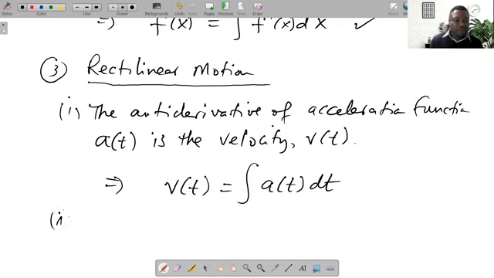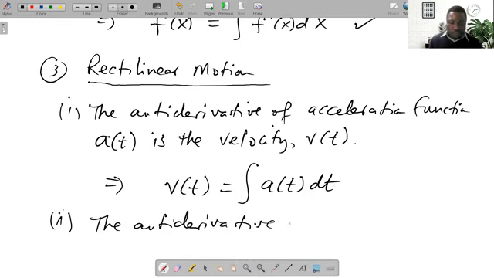Are we good? Yes. Yep. The antiderivative of the velocity function, v of t, is always the position function.